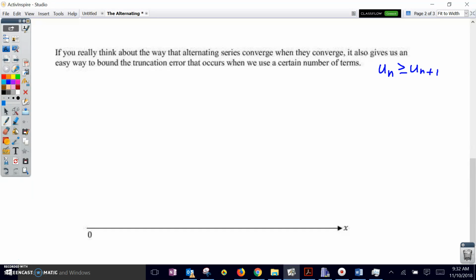that could possibly occur. And if you think about it, what happens is we start at 0 and we add the first term of the alternating series, which might take us over to here. Okay, so this is just u sub 1, pardon me. And then when we add the next term in, it has opposite sign, so it's actually going to decrease the value of what we have, but it's going to be somewhat smaller.